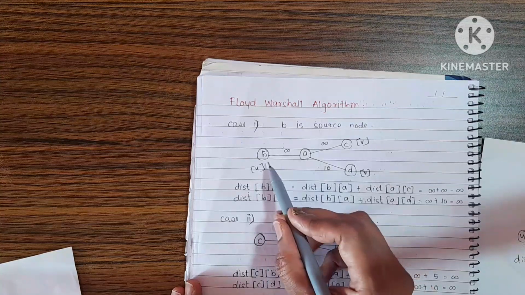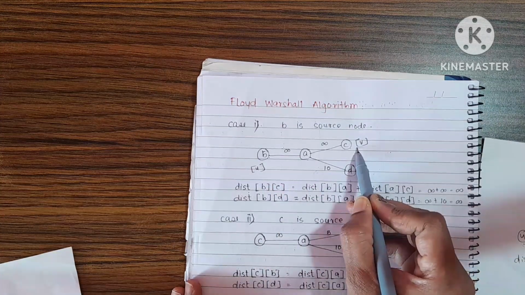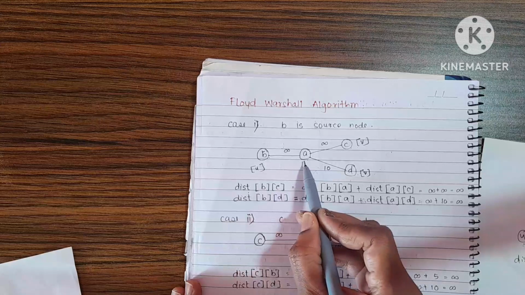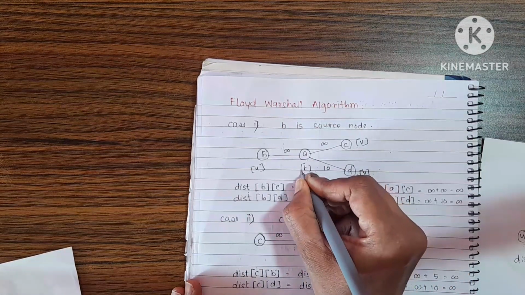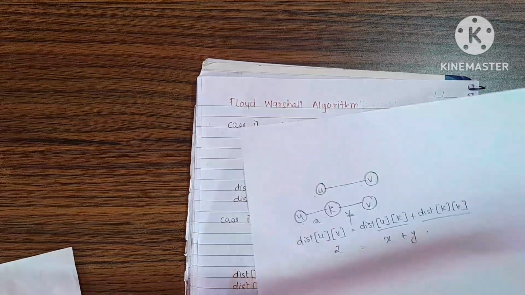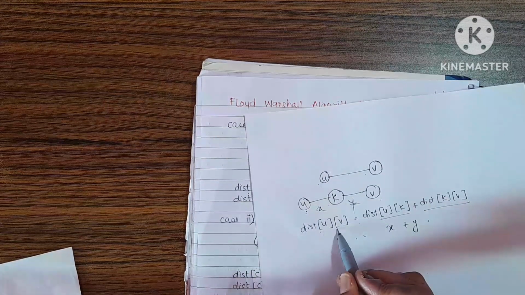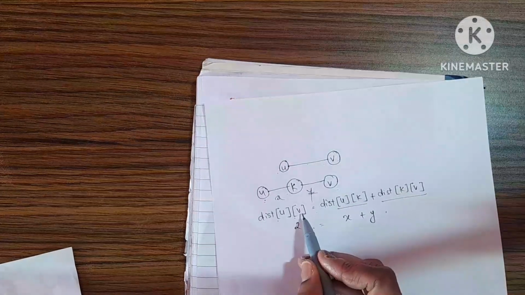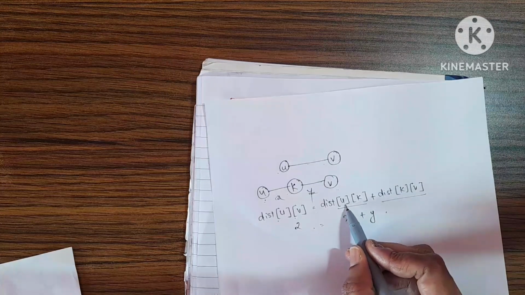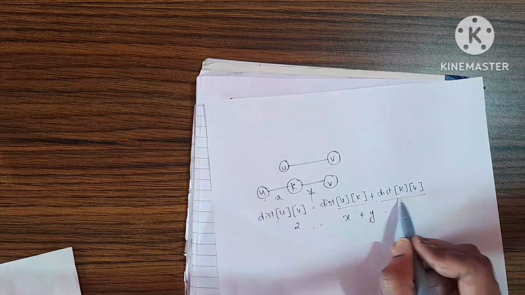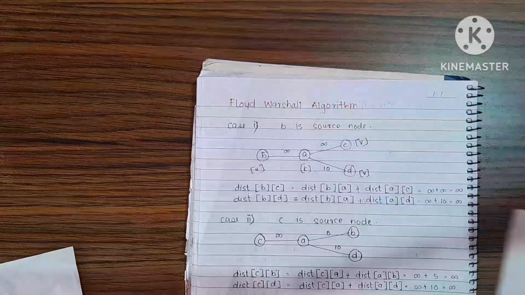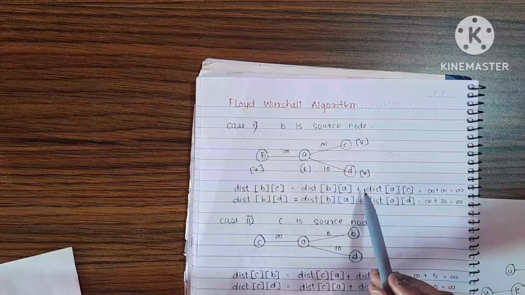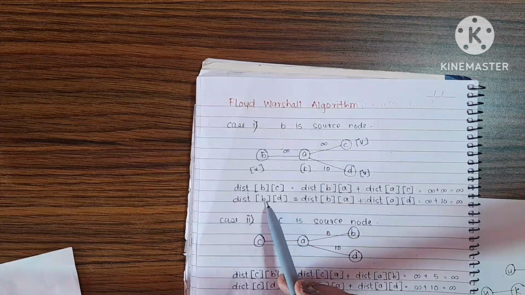Distance UV is equal to distance UK plus KV, where K is acting as an intermediate node. That formula we already studied, and the same formula has been applied here.